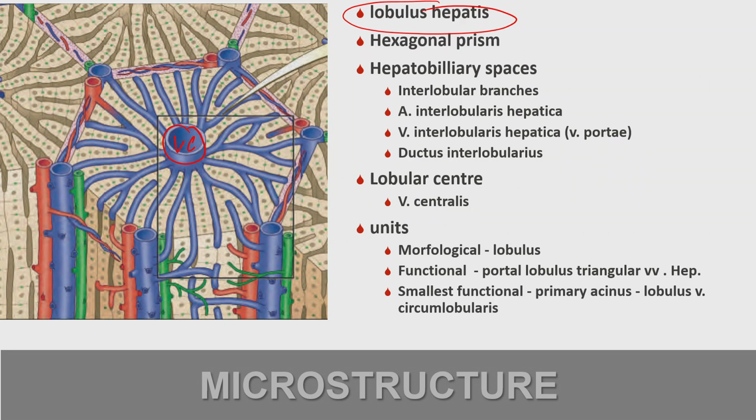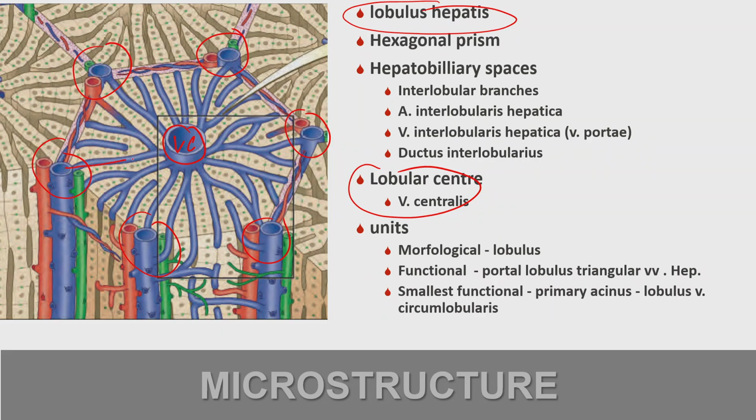Then we have six points around, which are made by tracts. Those tracts we know: hepatic artery, bile duct, and portal vein branch. So this is the main principle.